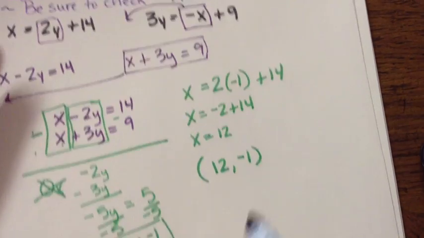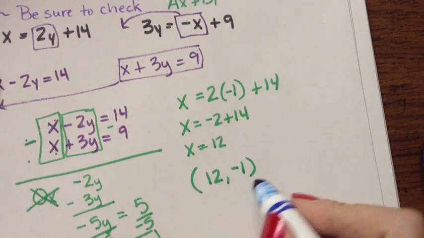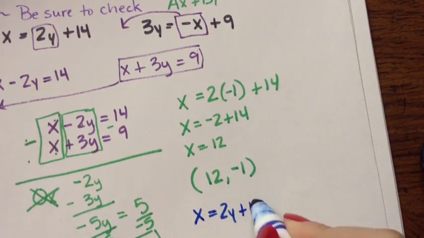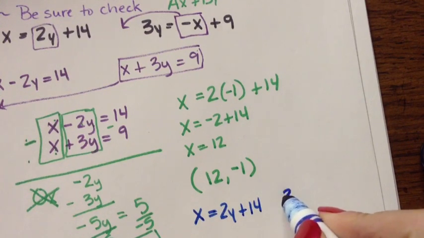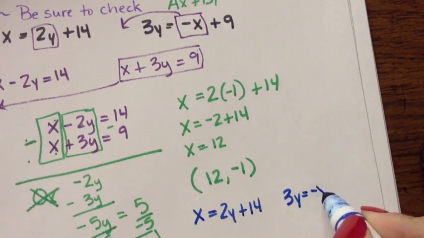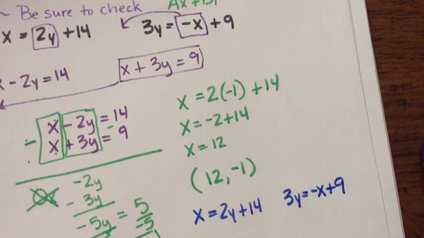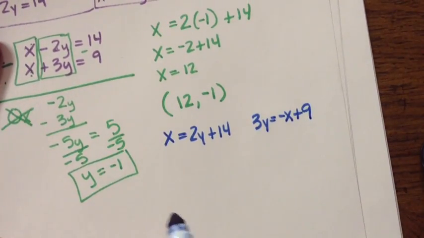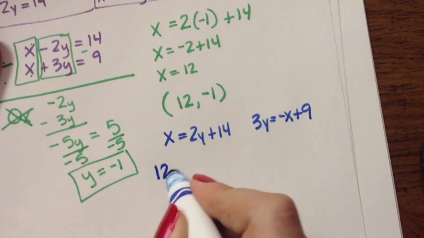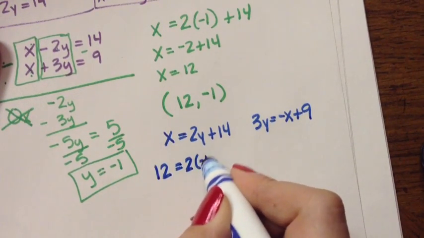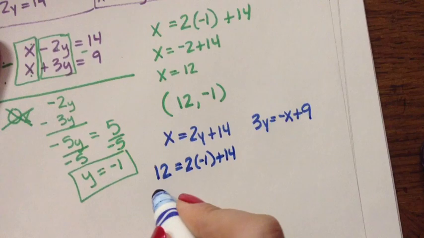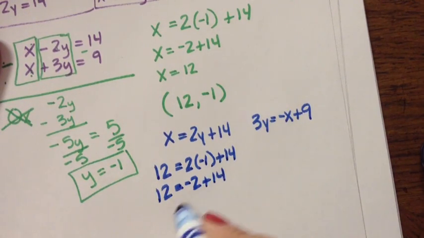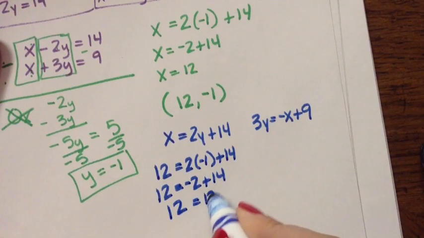Now I need to check those, and I need to check it in both equations. So I have the equation x equals 2y plus 14, and I have the equation 3y equals negative x plus 9. I want my solution to work for both of the equations in my system. So I'm just going to plug in the values. 12 equals 2 times negative 1 plus 14. 12 equals a negative 2 plus 14. 12 equals 12.